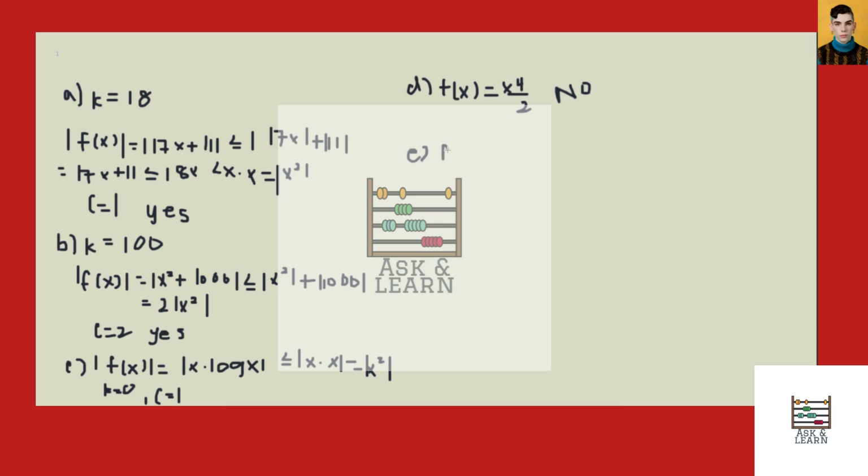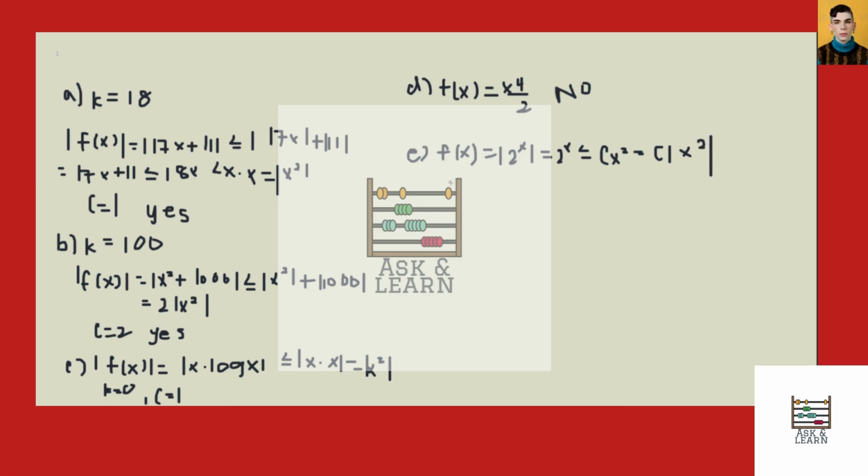For part E, we're given f of x is equal to 2 to the x. So we have the absolute value of f of x, which is equal to 2 to the x, less than or equal to c x squared, which is equal to c times the absolute value of x squared, when solving for x bigger than k.